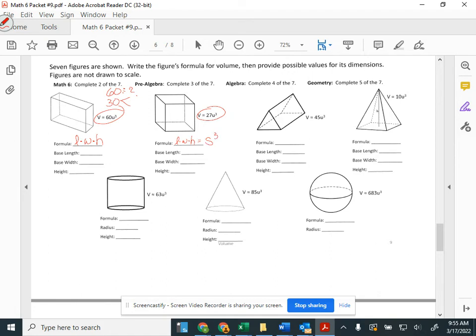So I like to put side cubed so I remember that it's all the same number because they're cubed. It has to be the same number. You multiply it by itself, multiply by itself again, and you get 27. So you have to think, what number, when I multiply it by itself 3 times, do I get 27?